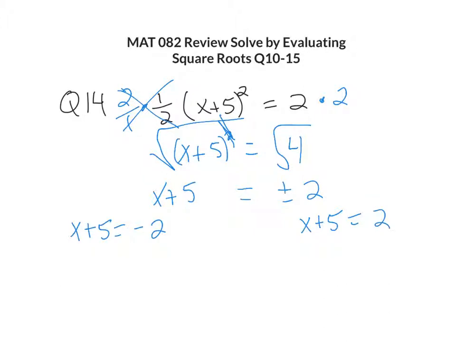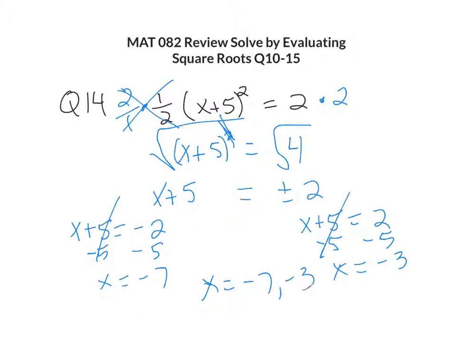Now to get x by itself, we need to get rid of plus 5 by subtracting 5. That's just a basic linear equation step there. That will cancel out, and it leaves us with x equals negative 7. That will cancel out, and that leaves us with x equals negative 3. So we'd write this x equals negative 7, comma negative 3.